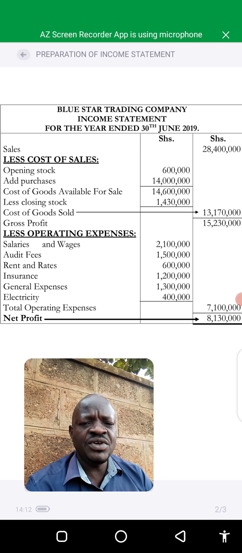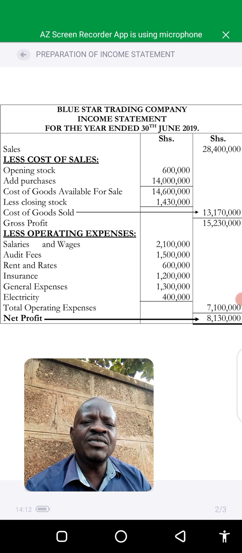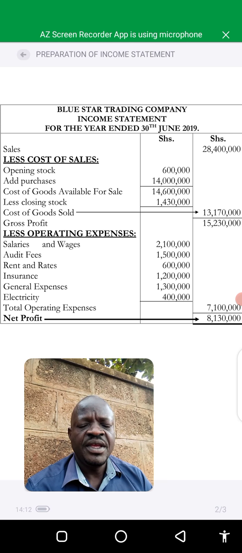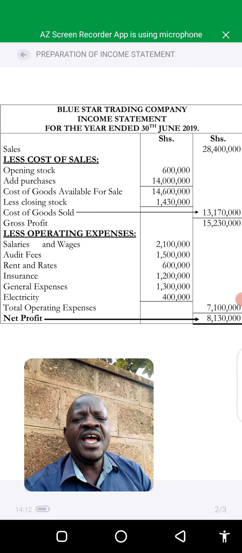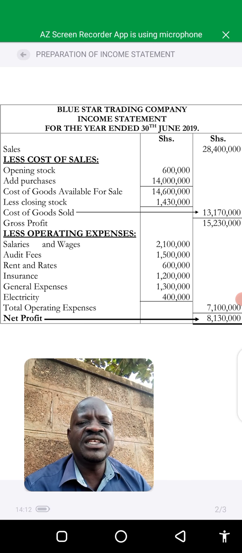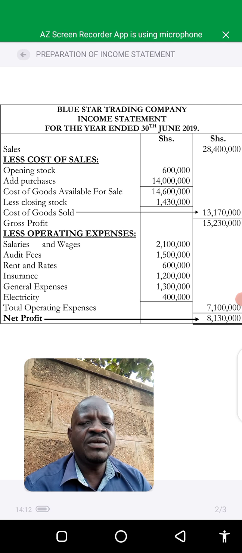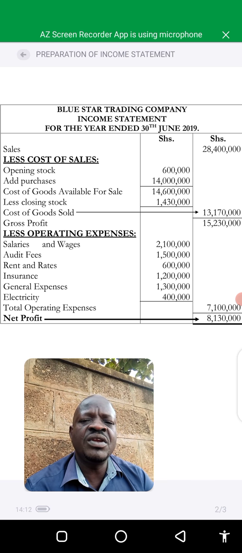Now, when we go to the question, we had the sales. So sales are incomes, and therefore you are going to put them in the last column, the way you can see them. Sorry for the interruption. Then after sales, in this question, there was nothing like sales returns or returns inwards. What do we mean by sales returns or returns inwards?